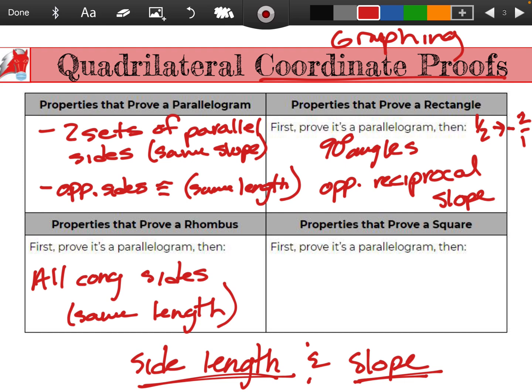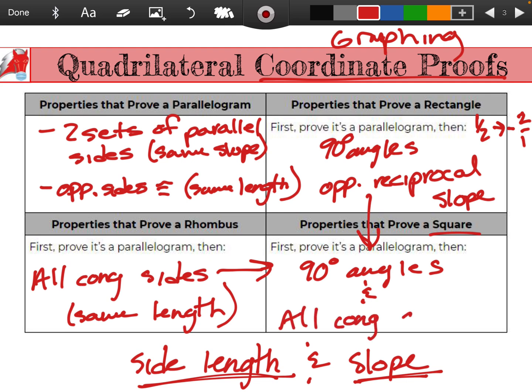And finally, to prove it's a square, I would need both of these things. Right? 90-degree angles and all congruent sides. So we're really seeing how far down the family tree we can go and what we have to be able to identify.